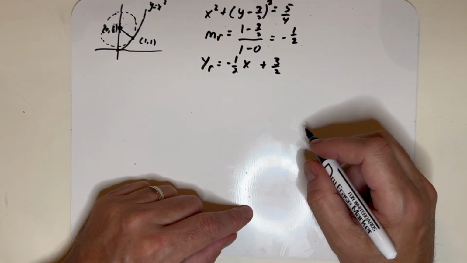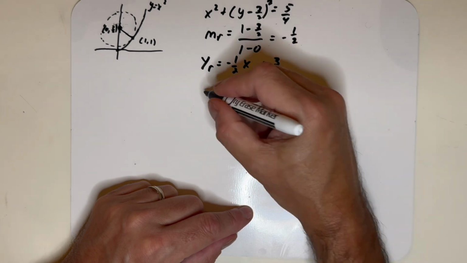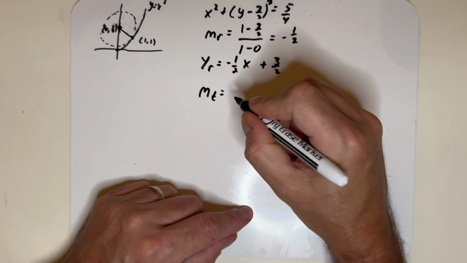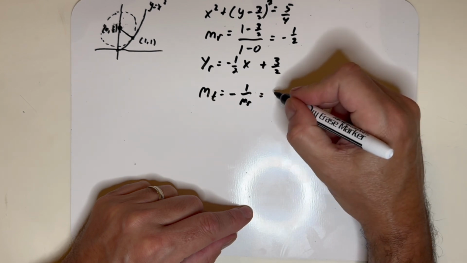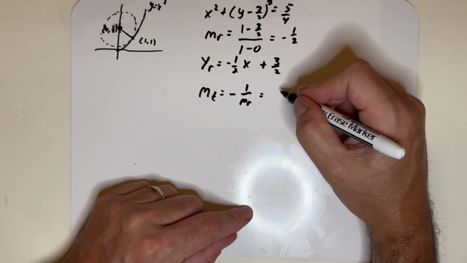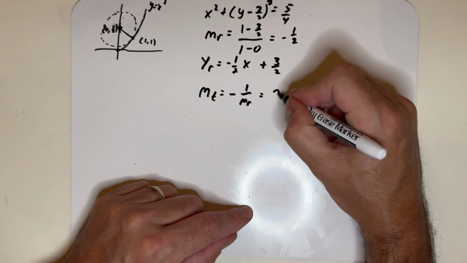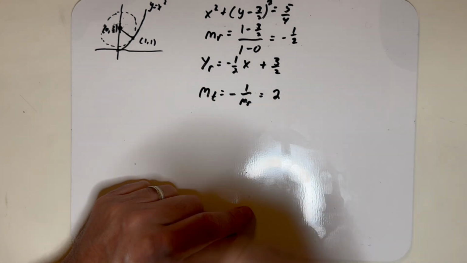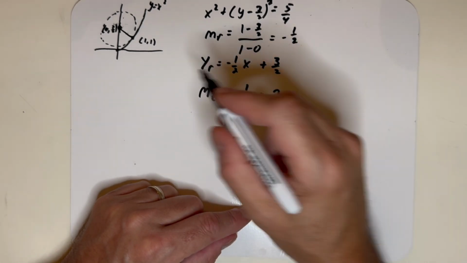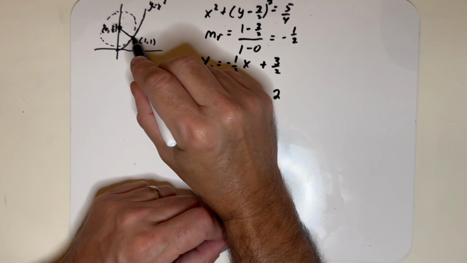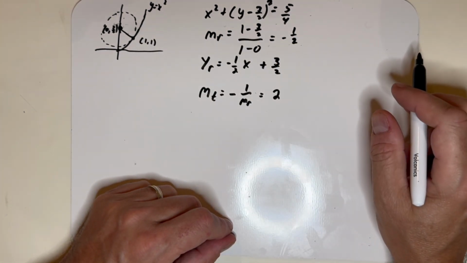Okay, so the tangent line is perpendicular to this, so it has slope m sub t equal to minus 1 over m sub r, which is minus 1 over minus 1/2, which is equal to positive 2. And its center will be at (1, 1), because we want (1, 1) to be our new origin for this line.